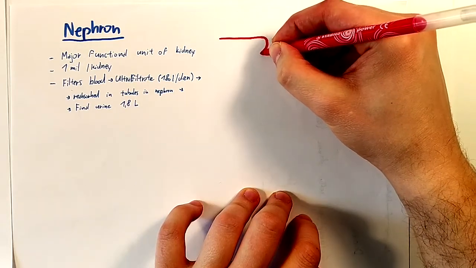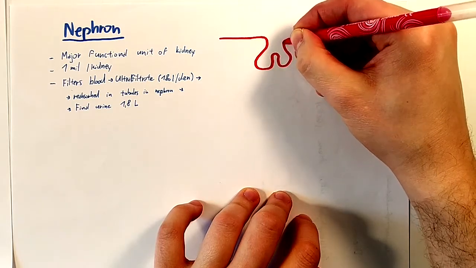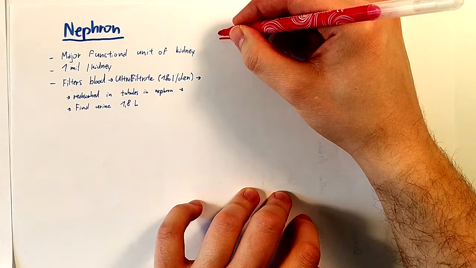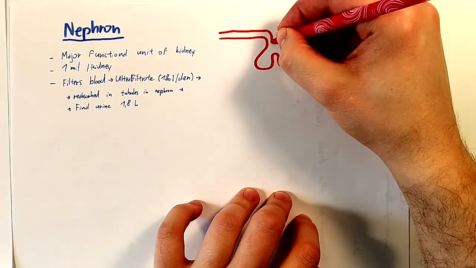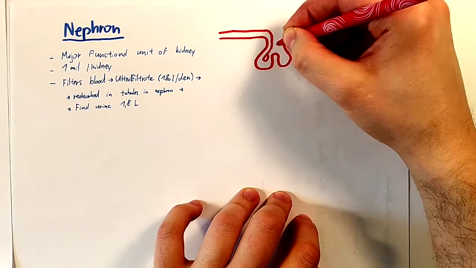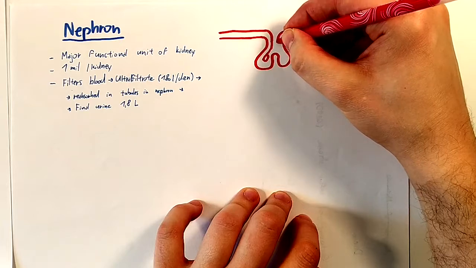One blood vessel brings the blood to the nephron. That will be called the afferent arteriole. This is the one I'm drawing right now. And then the one that carries it away will be the efferent arteriole. So this one.